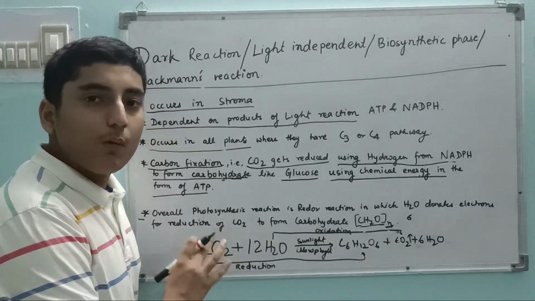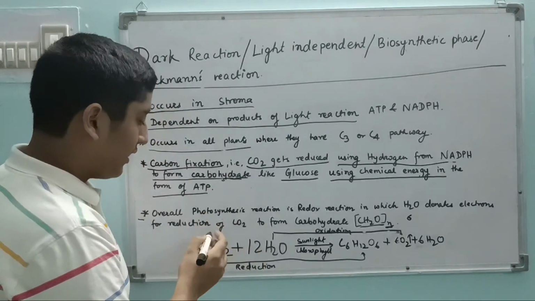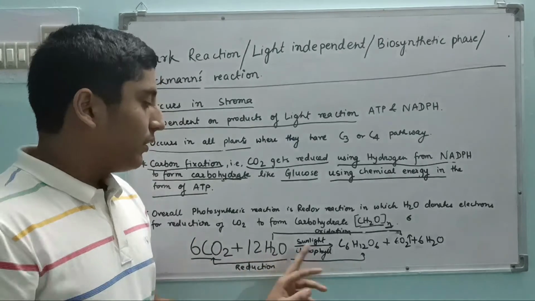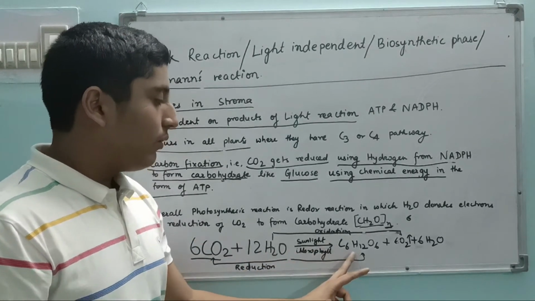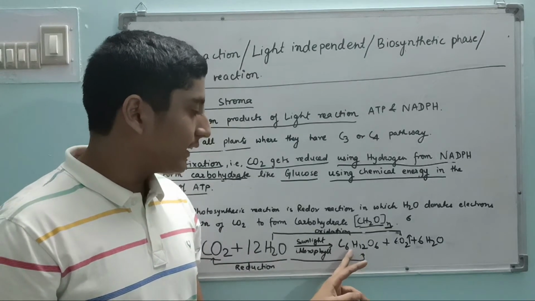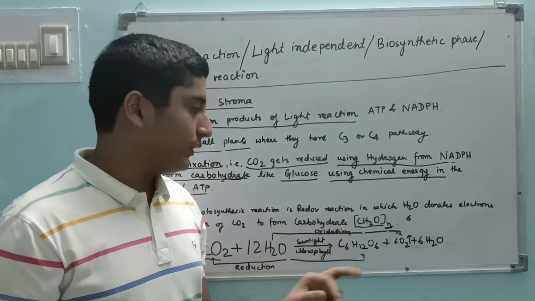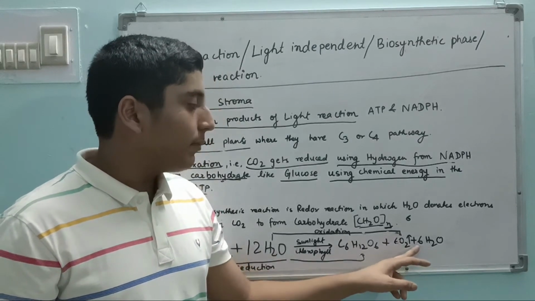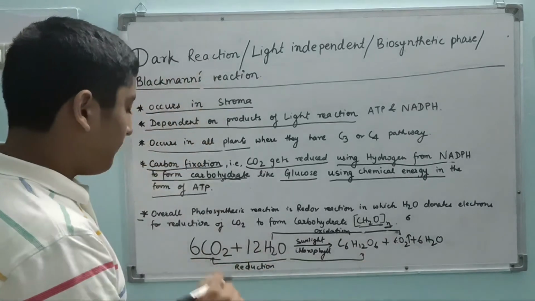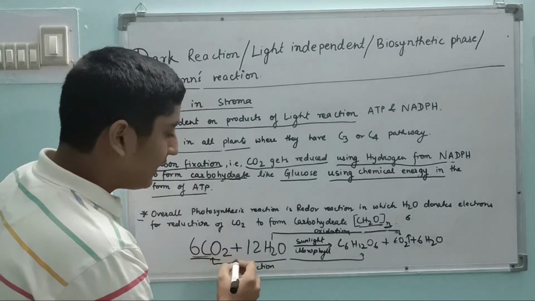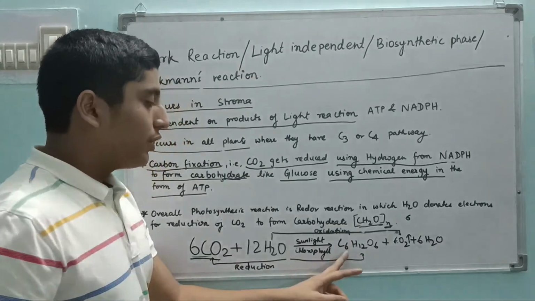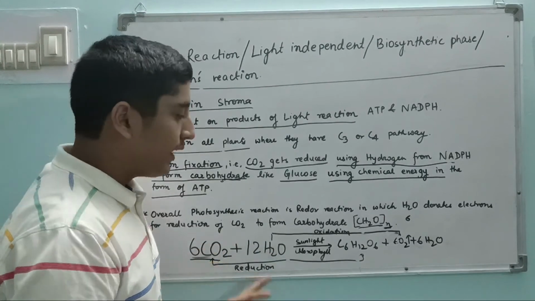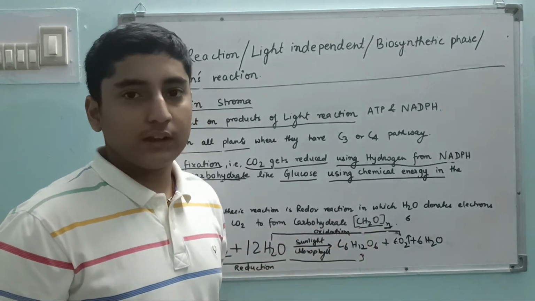So what is the overall reaction? 6CO2 plus 12H2O, due to sunlight, gives C6H12O6, which is glucose, plus 6O2 oxygen, plus 6H2O. So look here, the 6CO2 gets reduced to form glucose, and the 12H2O gets oxidized to form oxygen.